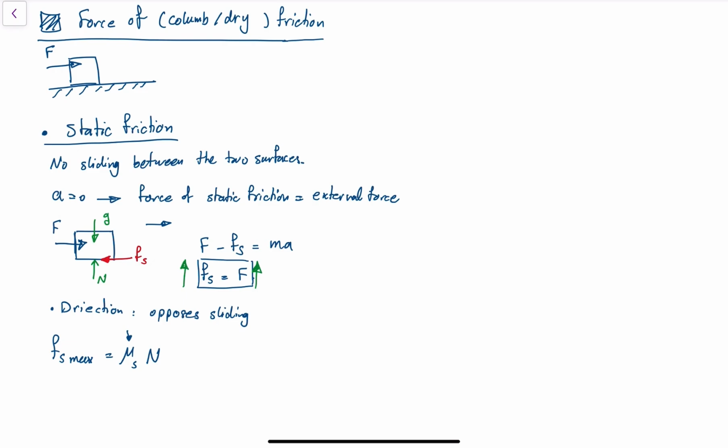So whenever there is this compression force between two surfaces, you have the chance of creating static friction, and the maximum value of that can be calculated using this equation. As soon as the external forces increase beyond this amount, the static friction essentially breaks, and the object starts to move.